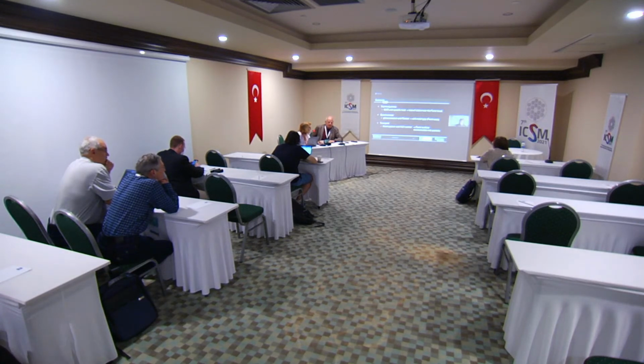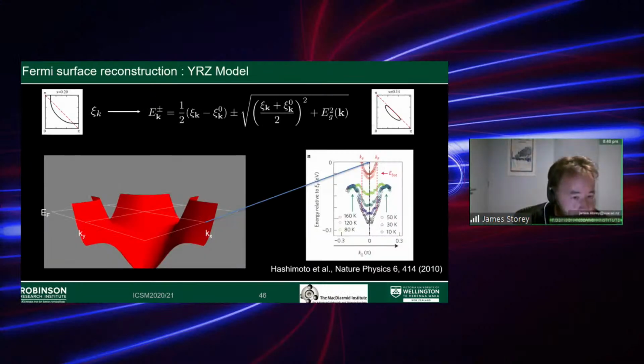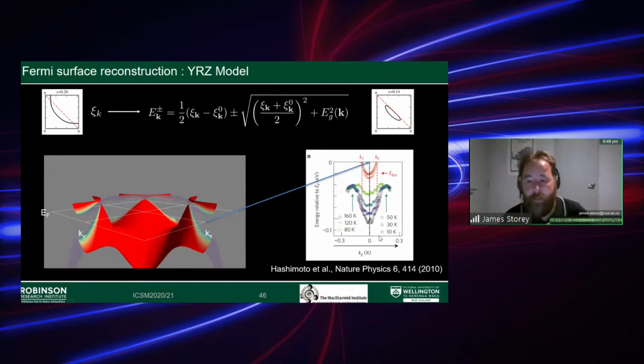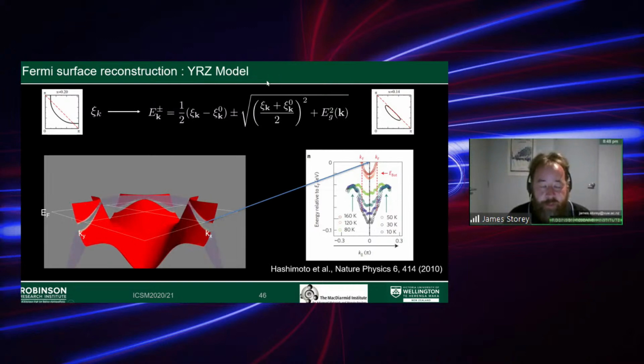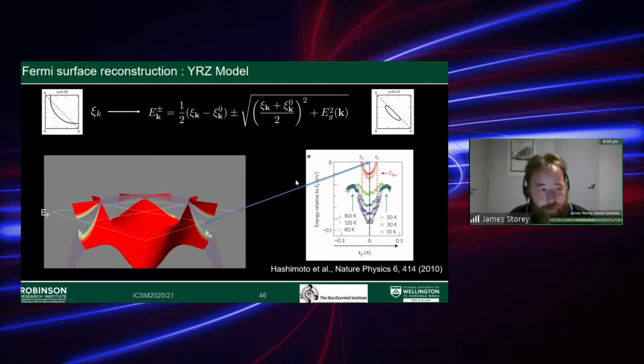Yep. So can you see this slide? One second. This one. Both models, Yang, Rice and Zhang, and the spin density wave reconstruction give you the separation from the Fermi wave vector due to this particle-hole asymmetric gap. If that was what your question was about, it appears to be consistent with antinodal photoemission.